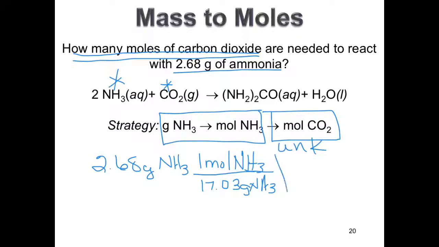And then the second step is to use the molar ratio between ammonia and carbon dioxide. Ammonia goes in the denominator, and carbon dioxide, being the unknown, goes in the numerator.